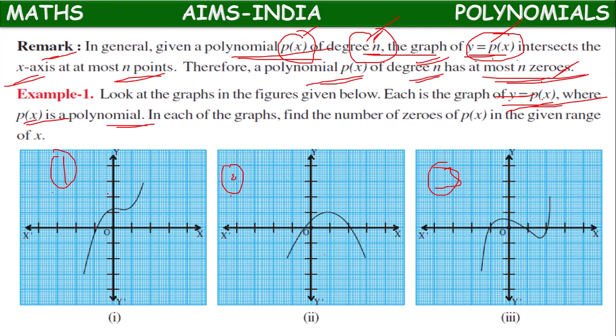Intersecting at only one point, 1 zero. Intersecting at 2 points, 2 zeros. Intersecting at 3 points, 3 zeros. Like that, based on the graph, we can identify the number of zeros.